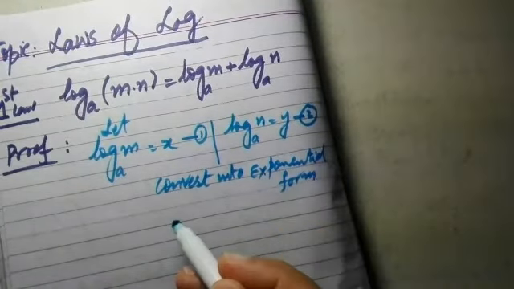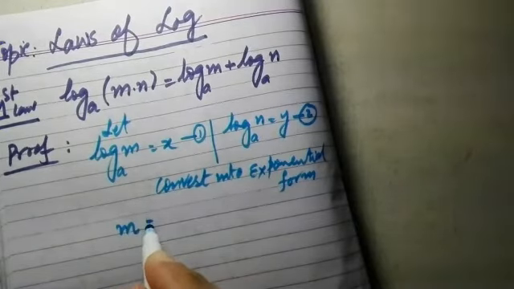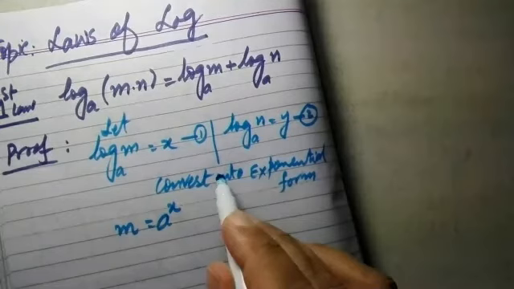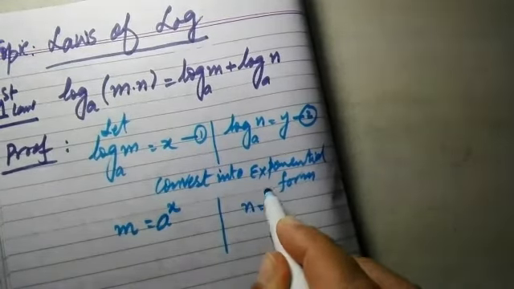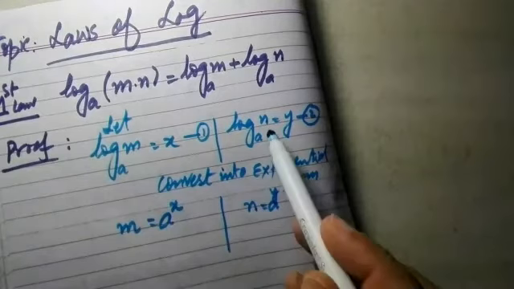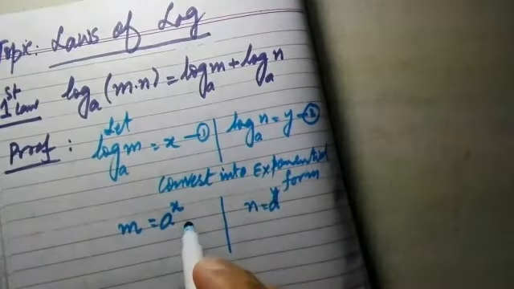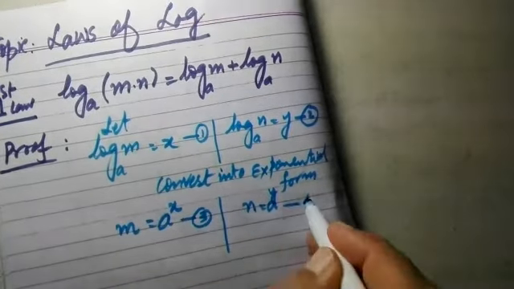So it will become m is equal to a raised to power x, and this expression will become n is equal to a raised to power y. So we have converted from logarithmic to exponential form. Rewrite these as equation number 3 and equation number 4.